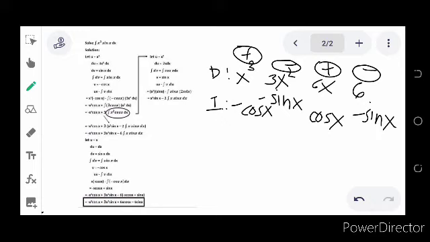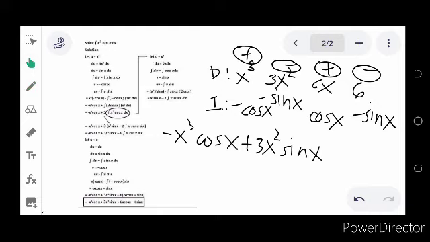After that, multiply everything. You have x cubed times negative cosine x. That gives you negative x cubed cosine x. Then, this one here, 3x squared times negative sine x is actually negative 3x squared sine x times negative, so that gives you positive 3x squared sine x.